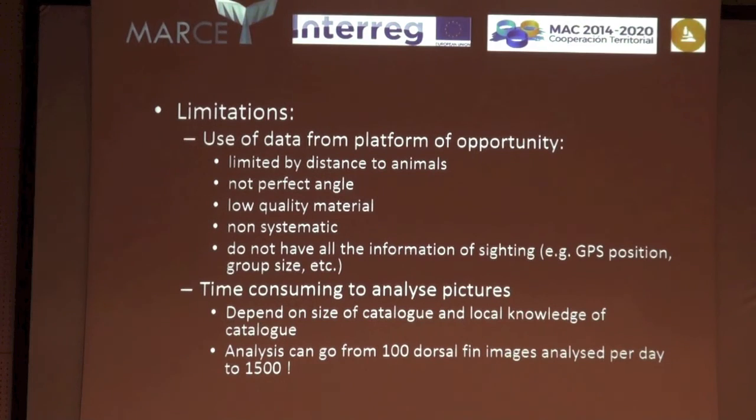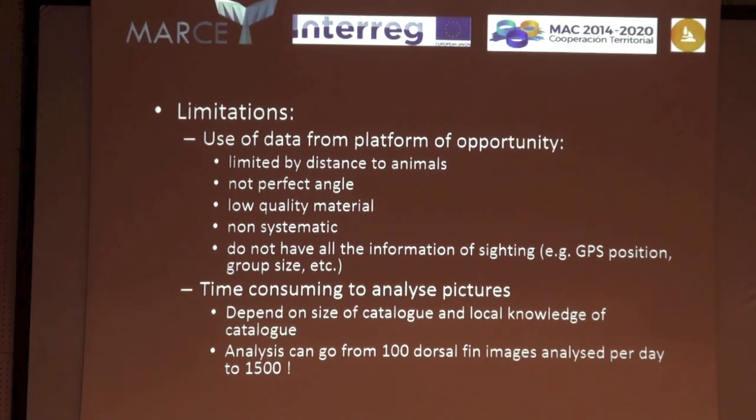So there are some limitations. When you're using data from platforms of opportunity, you can have limits of distance by law, so you cannot go closer than a certain distance. By default, you will almost always have animals quite far away. You may not get a perfect angle because the boat is not there to actually do photo identification, so you might stay a bit behind or be in front or something like that.